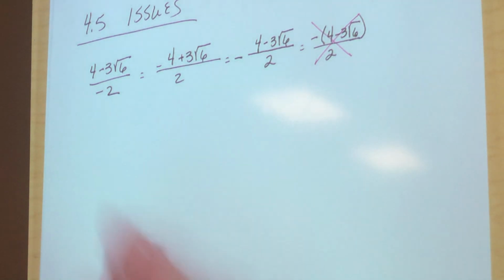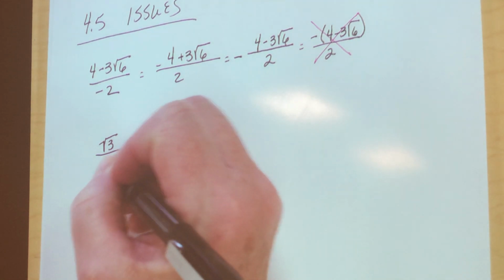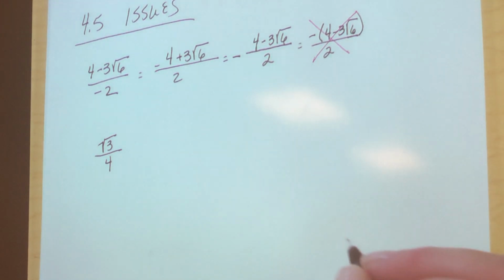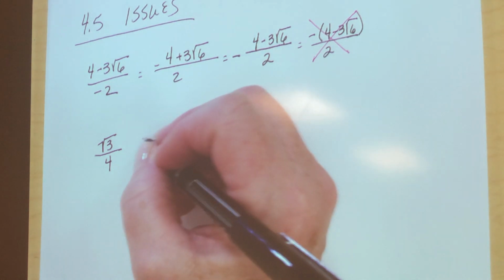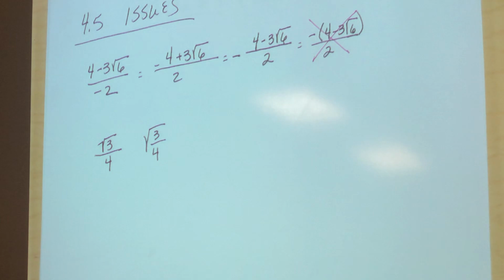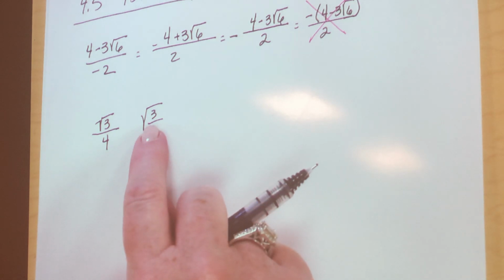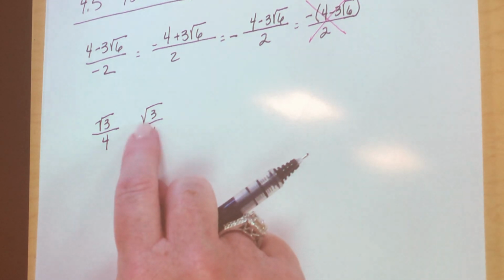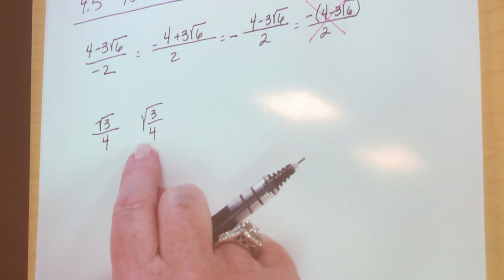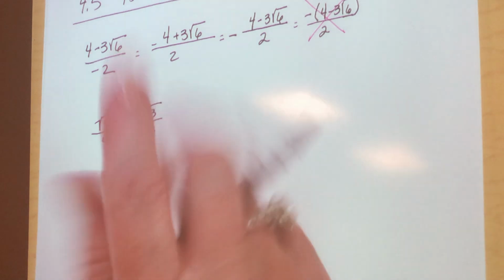Okay? Here's another issue. Let's pretend that our answer was the square root of 3 over 4. And I had kids that wrote this. Yeah, see, I don't really know where this radical is. I don't know if you were sloppy and you just made it extend below the line, or is it really the square root of 3/4 and you just didn't bring it down all the way, okay?